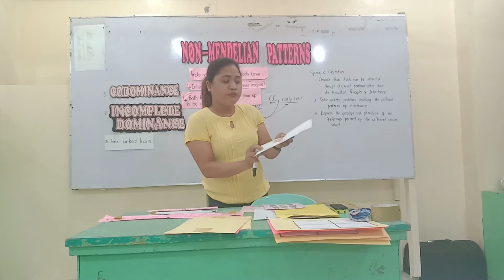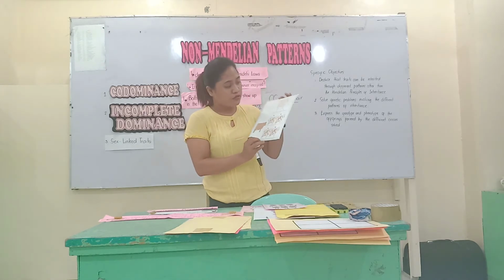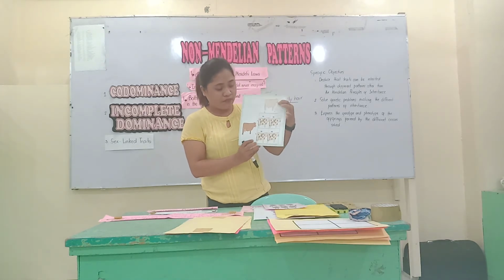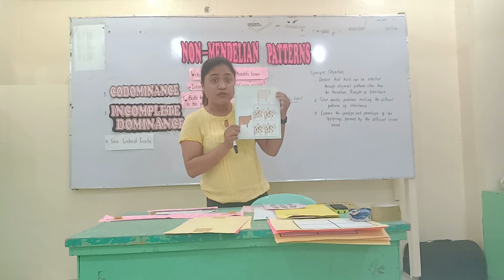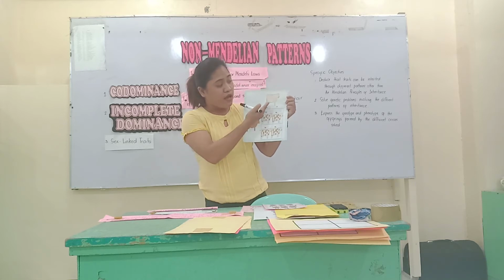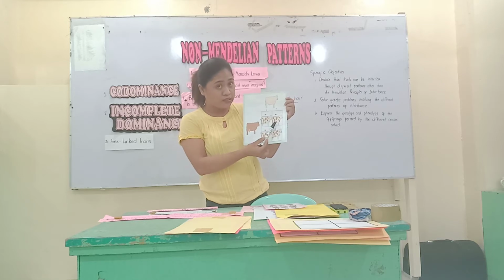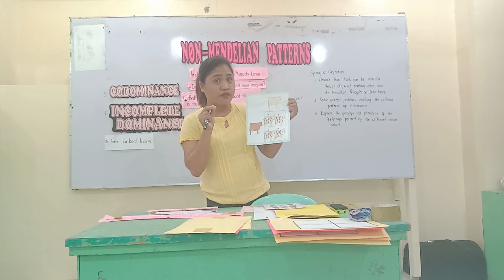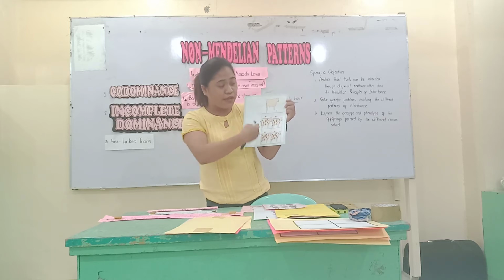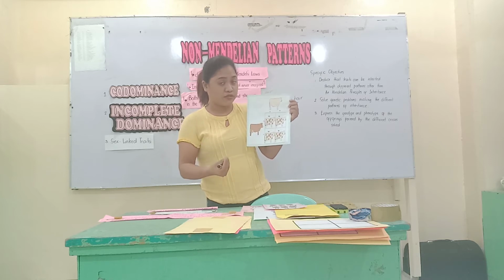Now, what if we're going to cross a white and a red cattle? Okay? A white cattle is bred to a red cattle. The offsprings are white with red dots. Okay? So, ang tawagan ng mga anak ni your offsprings are roan cattles.